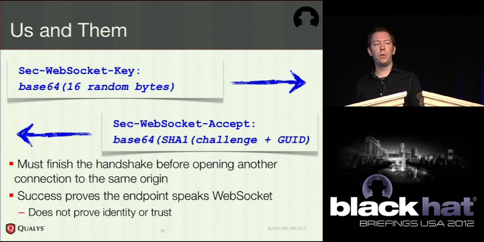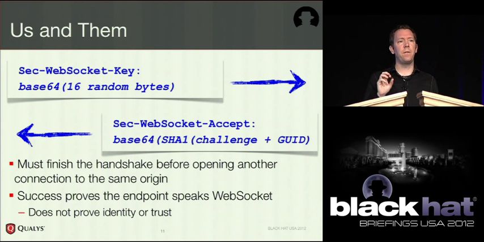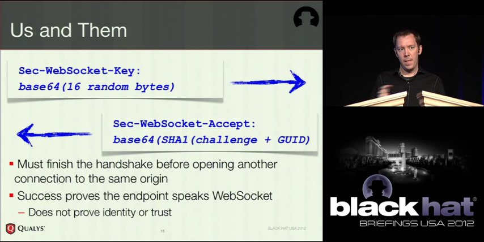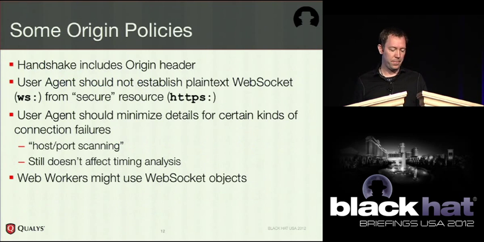So it's not supposed to prove that you're still speaking to the same server you thought you were at the beginning of the connection, nor that the server hasn't been compromised, or is legitimately www.foo.com. The only thing here is identifying the endpoint to prevent things like cross-protocol attacks, so that you can't turn that WebSocket and make it talk to an SMTP server, start sending spam mail or something like that. So just want to highlight that point that it's just about identifying the WebSocket, not identifying the server.